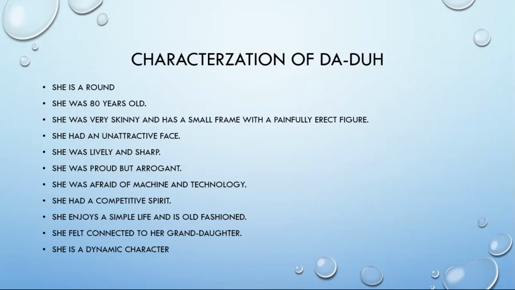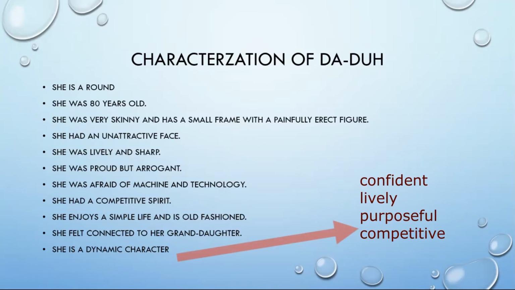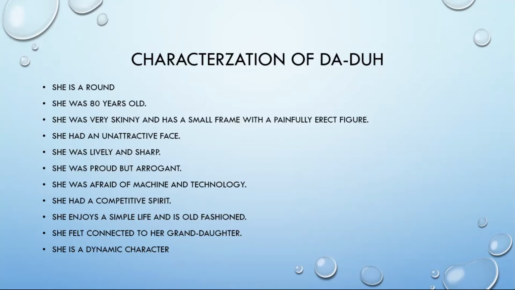Dada can be described as a dynamic character, in that when we met her, she appeared confident, lively, purposeful, and competitive. Despite the description given about her frail body and the intense, unrelenting struggle between her back, which was beginning to bend ever so slightly under the weight of her 80-odd years, we can tell that this shows her character.